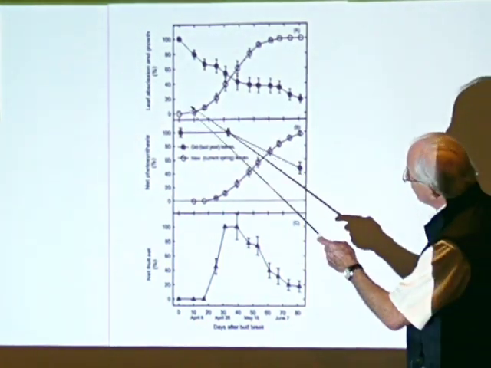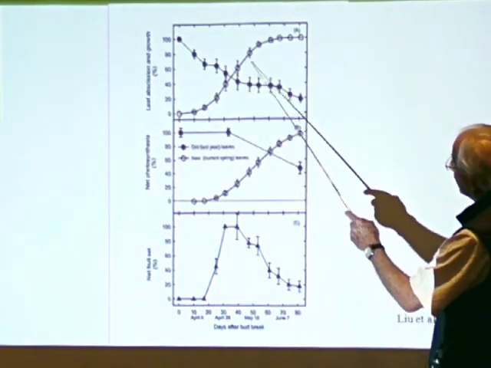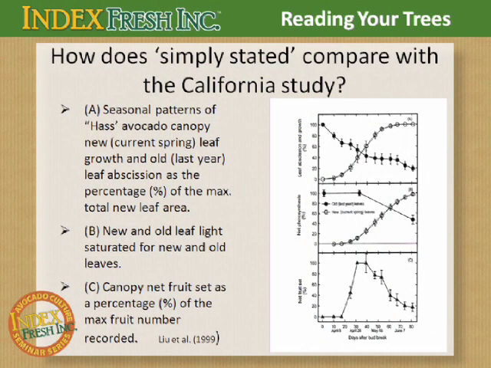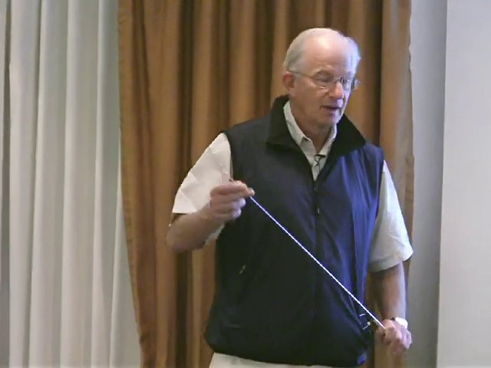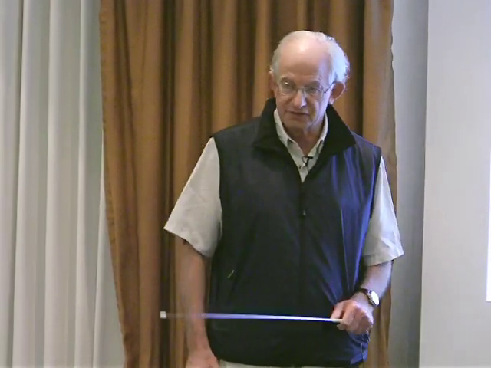And here we have leaf growth, and you can see how leaf growth grows, and it takes a long time before leaves are fully formed and fully functional. Let me explain that to you. We have a shoot. In this particular study, they found that the average shoot had 10 leaves.